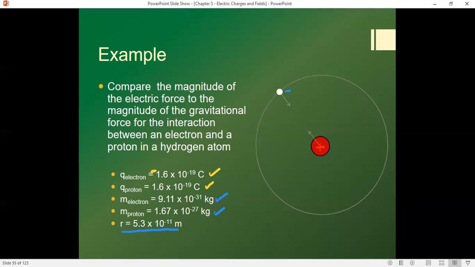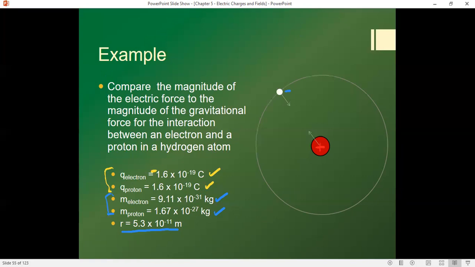Okay, so let's do something here. Let's compare the electrical force, according to Coulomb's law, to the gravitational force. And we're going to show that it's clearly not the gravitational force that holds the atom together. Okay? You can calculate that.